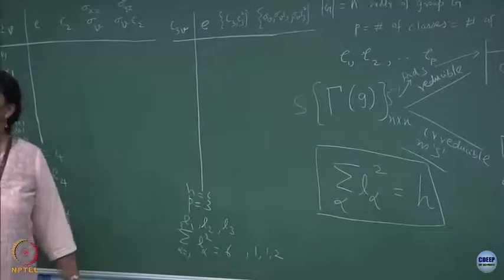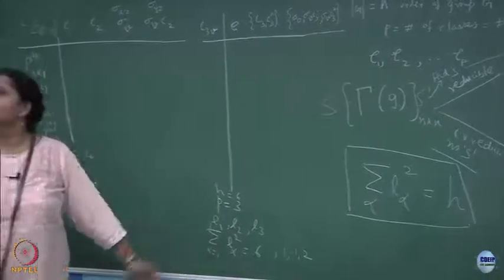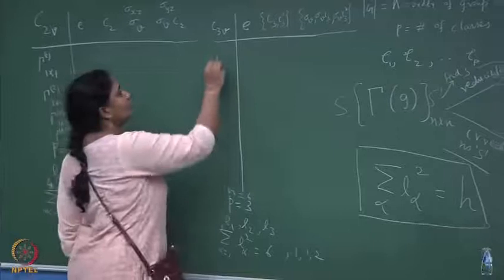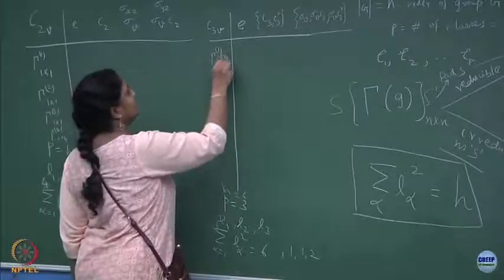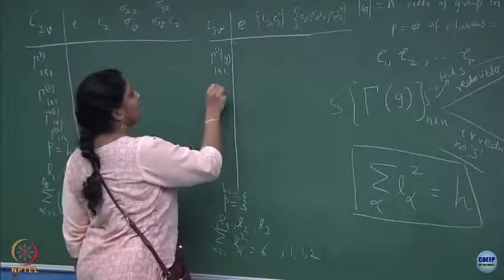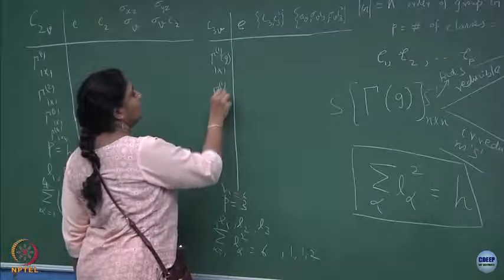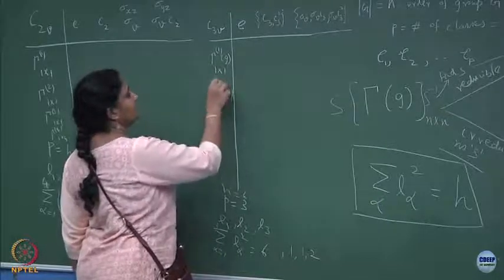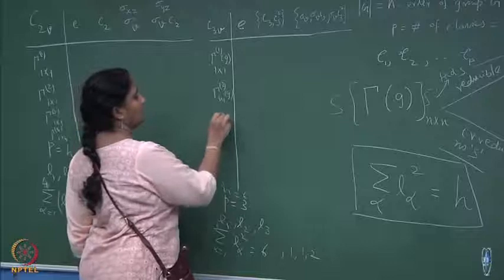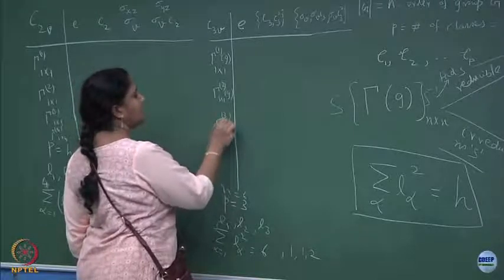Anything else possible? Nothing, right? These are the only possible. So, you will have a 1-dimensional representation, another 1-dimensional representation and a 2-dimensional representation.